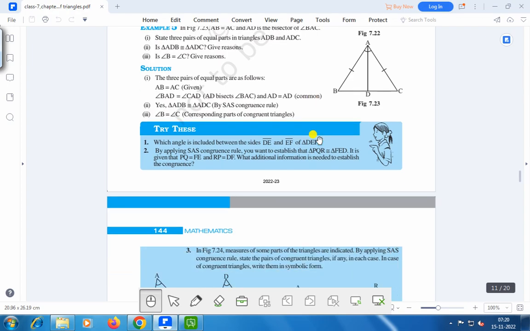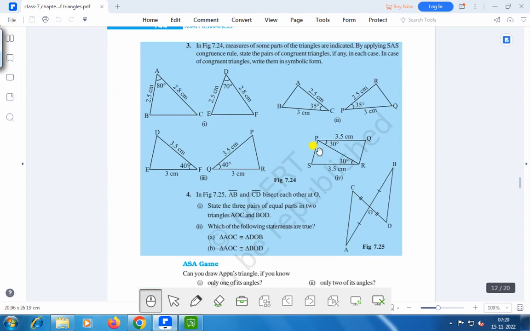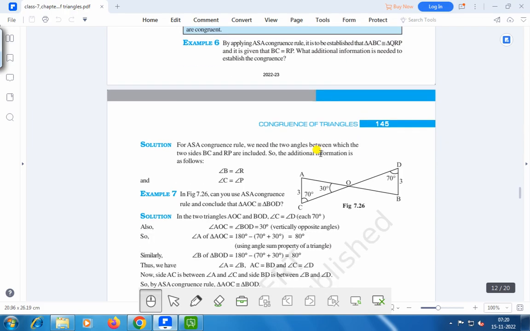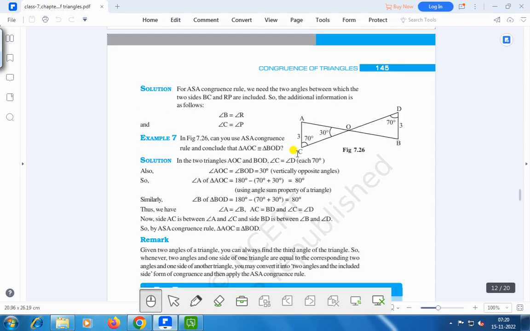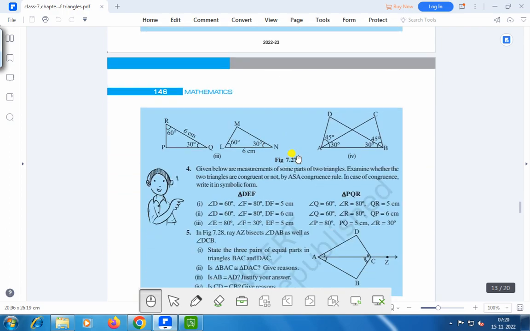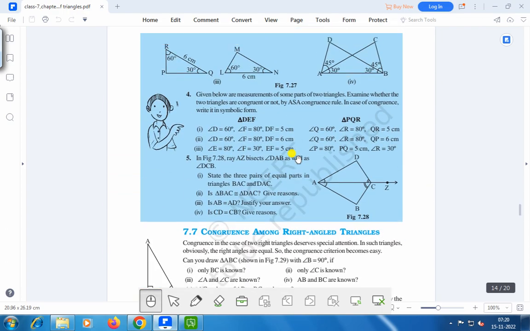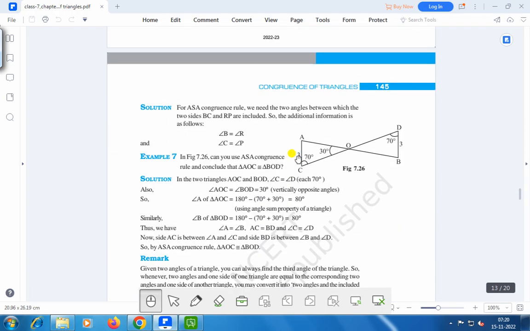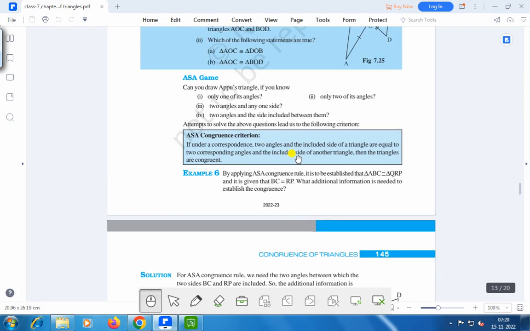Next rule is angle side angle. Angle side angle congruence rule. Here you see in this figure, suppose we can show angle side angle in this way.